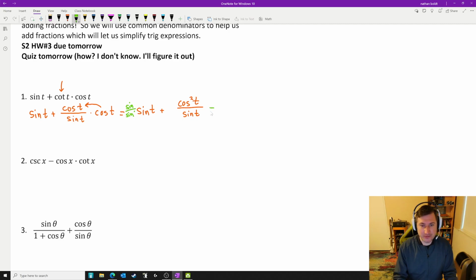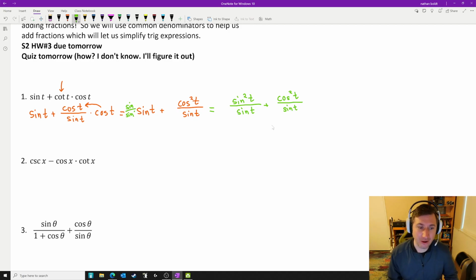Once we do that, on the top, sine times sine is sine squared over my denominator of sine, plus the second fraction, which is still just cosine squared over sine.